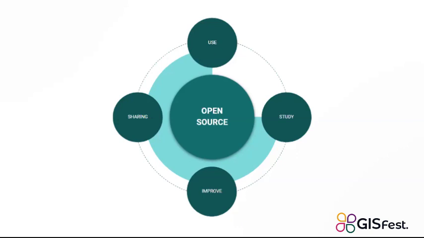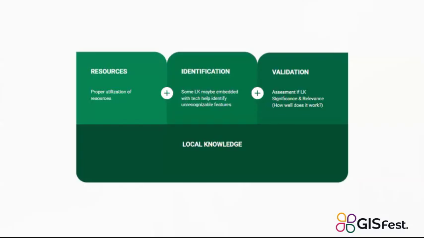It has a long learning curve, but there is documentation, and when you get stuck there are different forums you can use, like GitHub and Slack. Open source is also easy to use, to share, and to improve. Talking about local knowledge, it helps us to easily utilize resources.